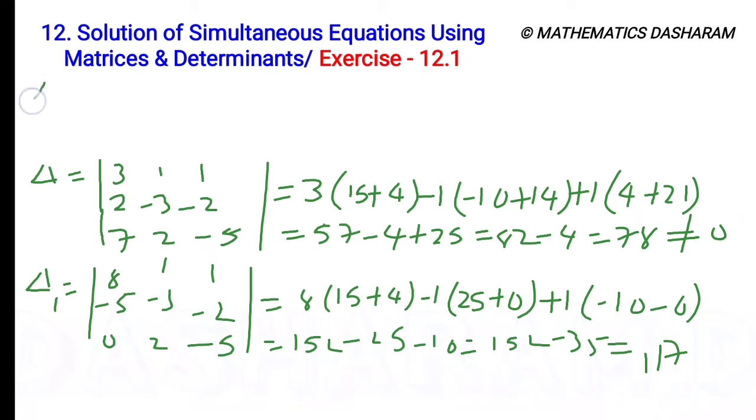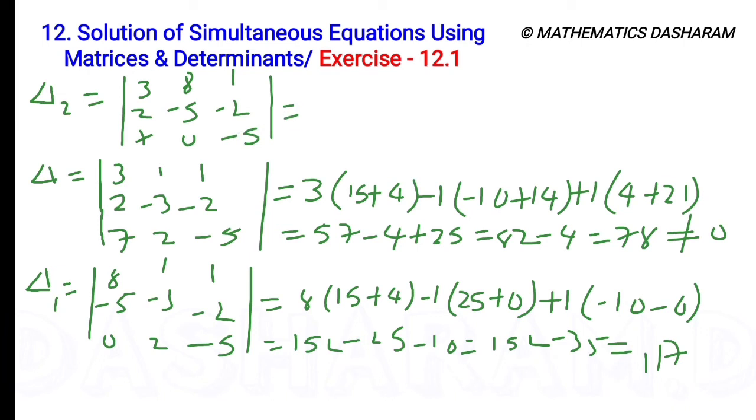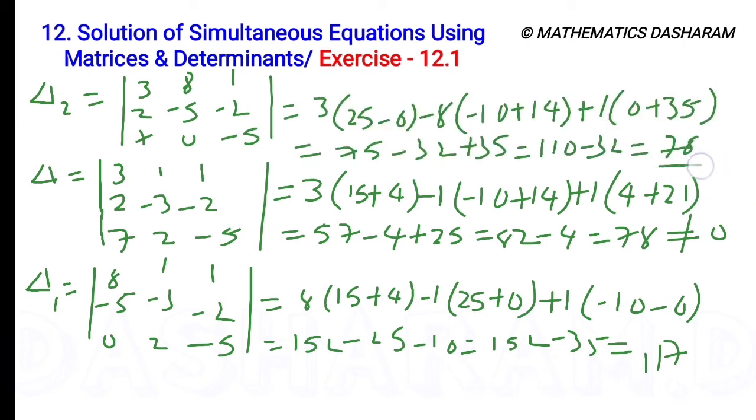Next, delta 2 equals: replace the second column with constant numbers. So the constant numbers are 8, minus 5, 0. Find its determinant. So delta 2 equals 78.